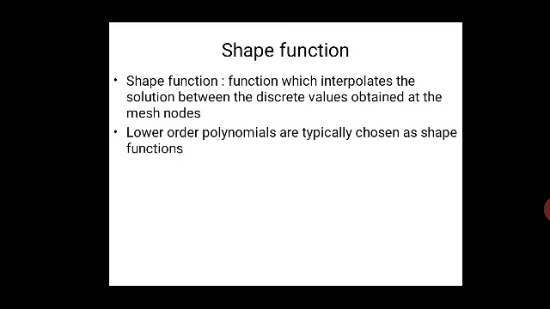Now, considering this, we will define the shape function. The shape function is a function which interpolates the solution between the discrete values obtained at the mesh nodes. To obtain this, we need lower order polynomials, which are typically chosen as shape functions.